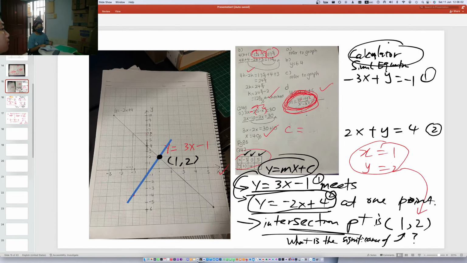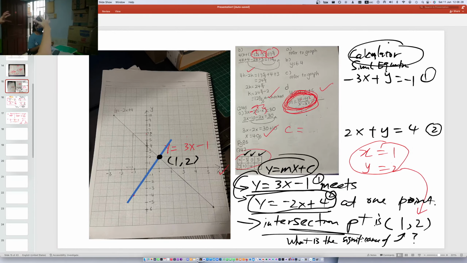Is the what? The significance of this intersection point, right? 1 comma 2, right? Is x equals to 1 and y equals to 2. What is this? What do you call? There is a name for it. It's the solution to these simultaneous equations.